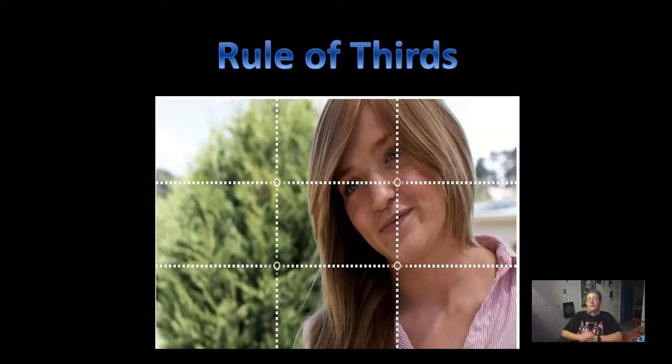All right, so going back to the basic composition rules. First of all, we've got the rule of thirds, otherwise known as eyes on third, right? So if you look at this girl right here, her eyes are not on third, but her head is tilted.